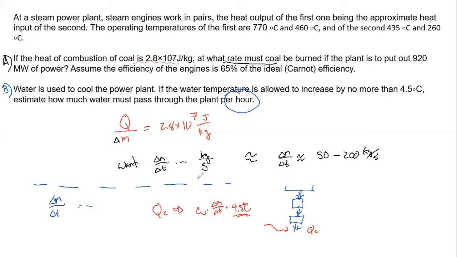And then how do you get QC? So the way that I would do this is starting all the way at the beginning of this picture. There's a great picture.